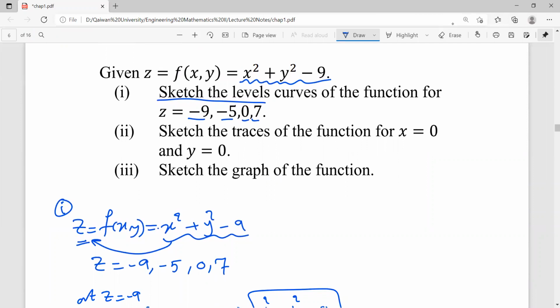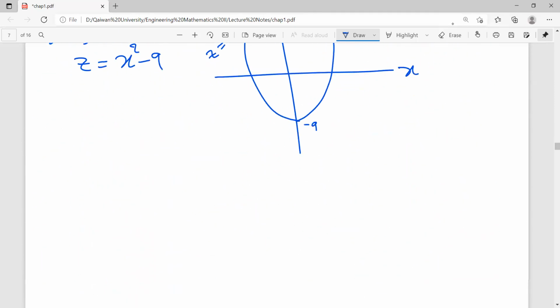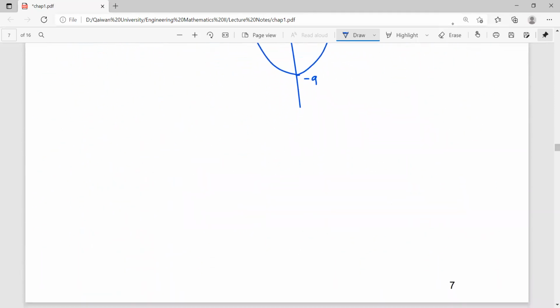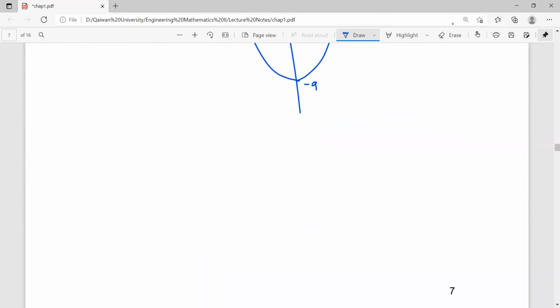Then, for the third and last part, we should sketch the graph of this function. In this function, we have three variables, x, y, and z. That means it's in xyz space, not on the xy plane. We are going to draw the graph in xyz space.